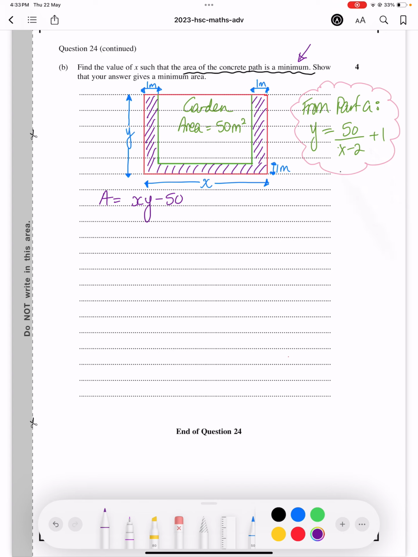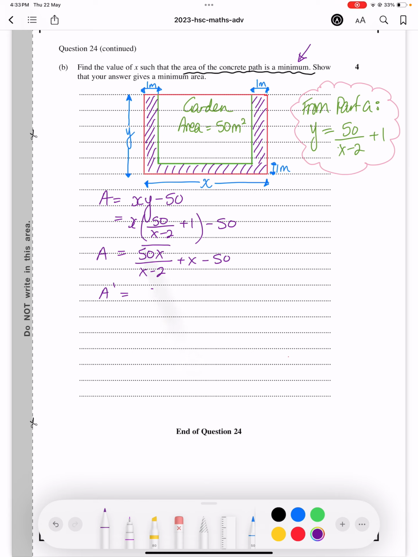So we'll plug that in. That way we're only working with one variable, that being x, since the question asks for x anyways. So let's do that. Now we go ahead and expand. And now we're ready to derive.